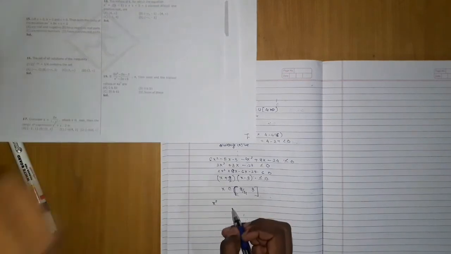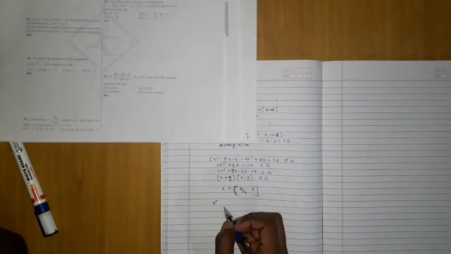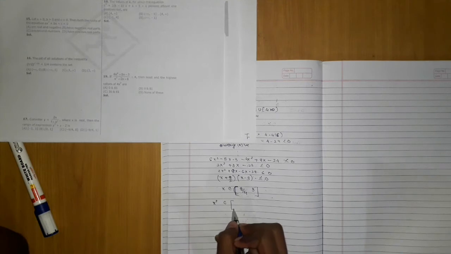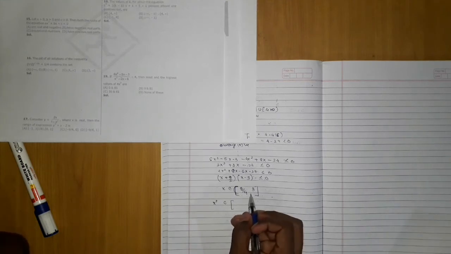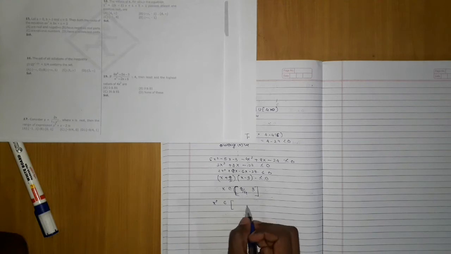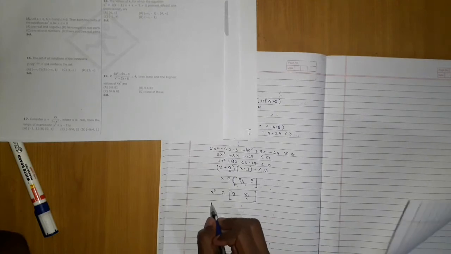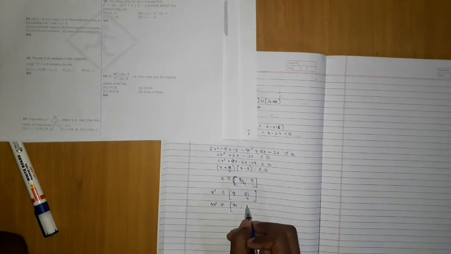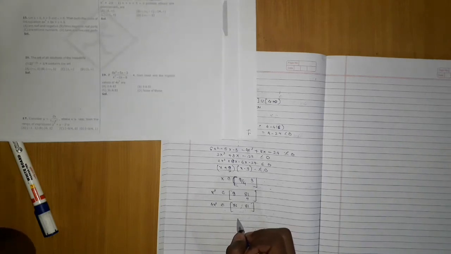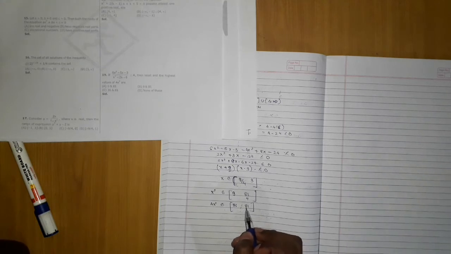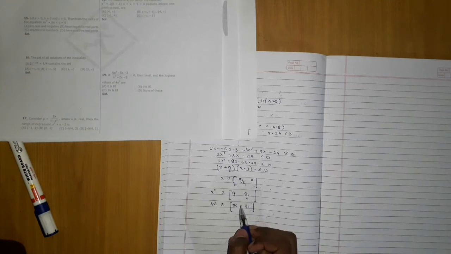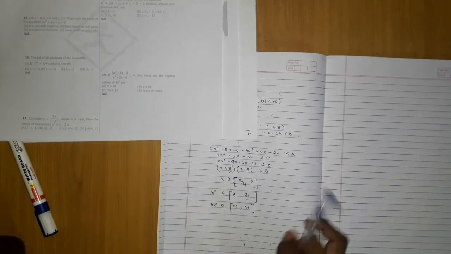Okay, so what we are getting from here: we have to find the minimum and maximum of 4x square. On squaring, we get 9, and 81 by 4, so 81 by 4 and 9.